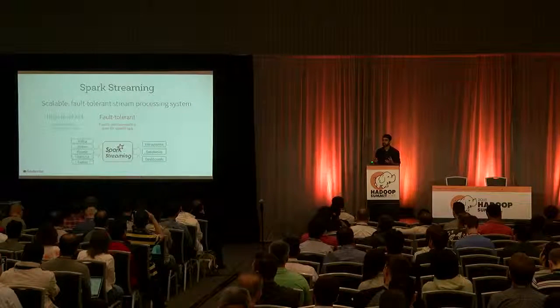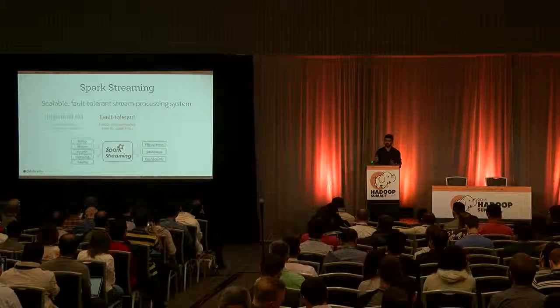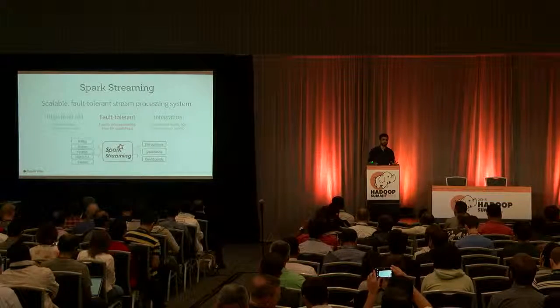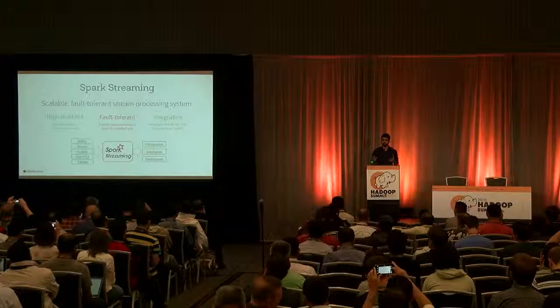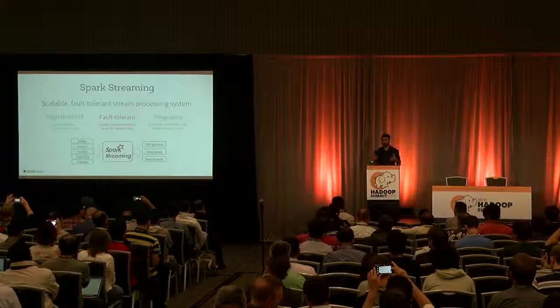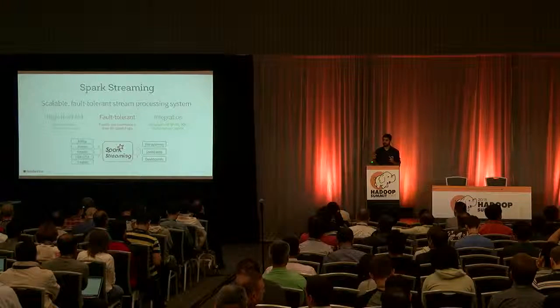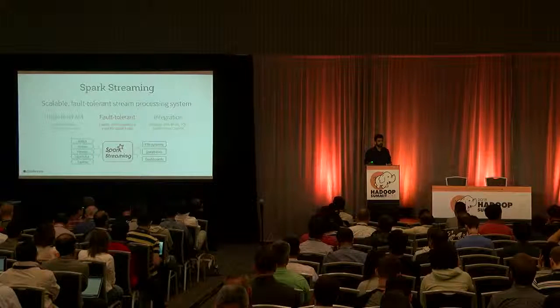That is a feature that a lot of open source stream processing systems do not have. And third, and probably the biggest difference, is that it is integrated into the Spark ecosystem, which has machine learning algorithms, graph processing algorithms, data frames, SQL, all as part of the ecosystem, which makes it a very unique player in the whole real-time stream processing ecosystem.